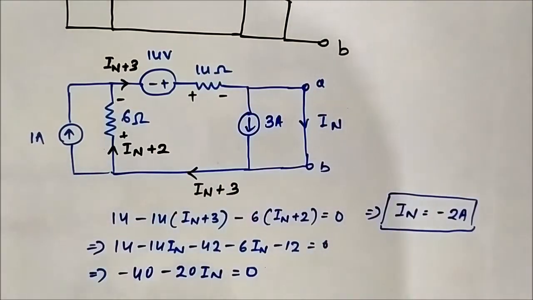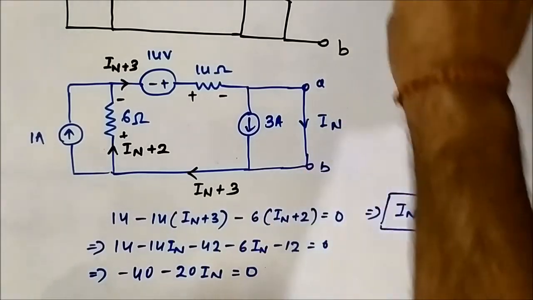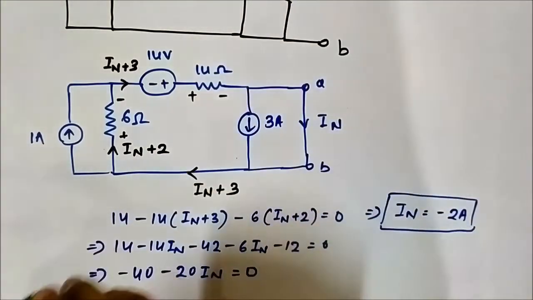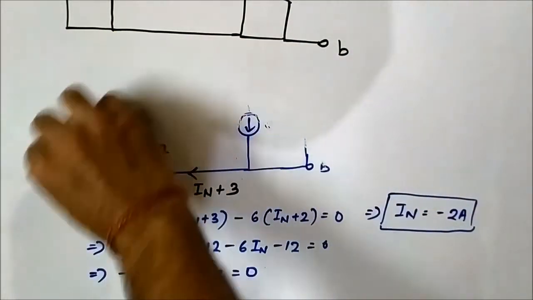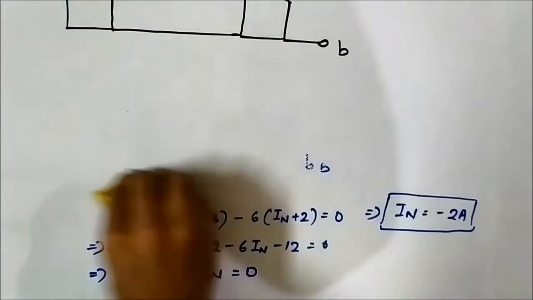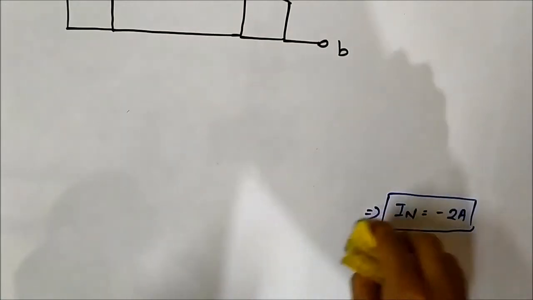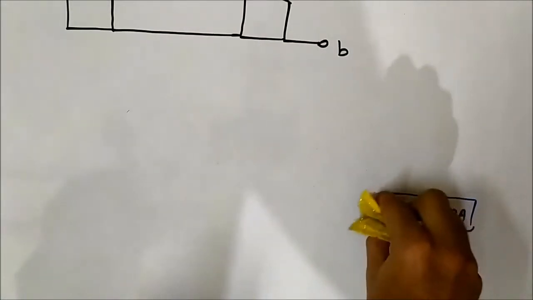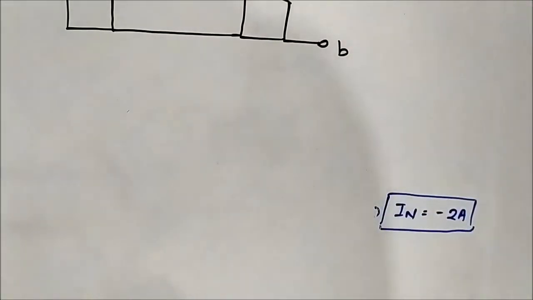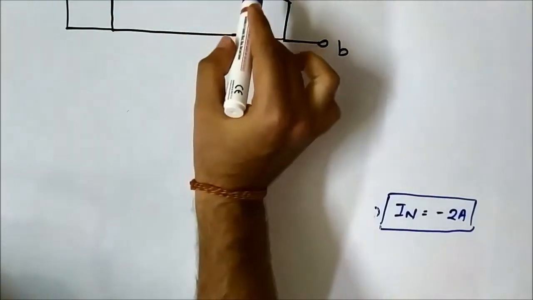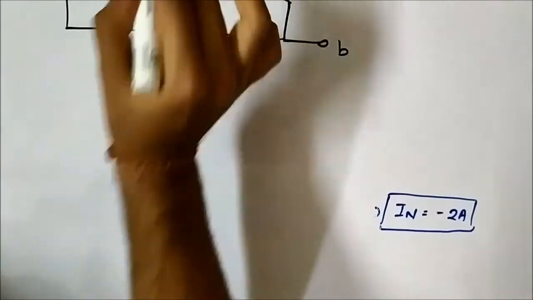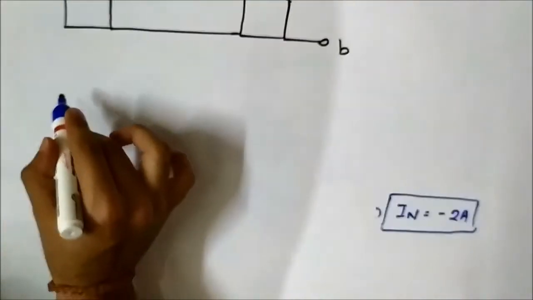Now we have to determine the equivalent resistance between these 2 points, deactivating the independent sources. So here we will open circuit the 1 ampere and 3 ampere current sources, short circuit the 14 volt voltage source.